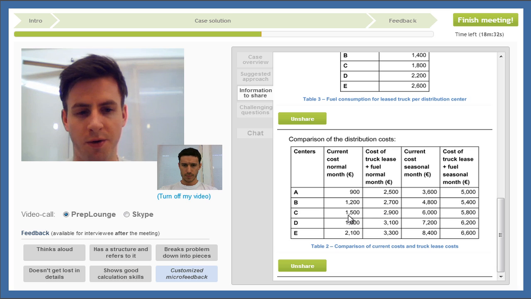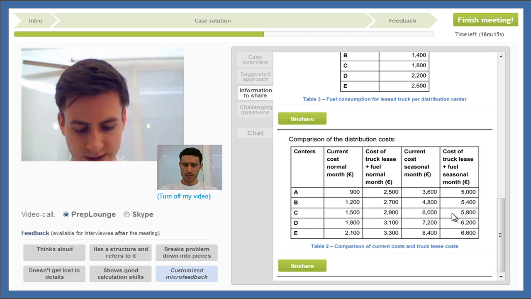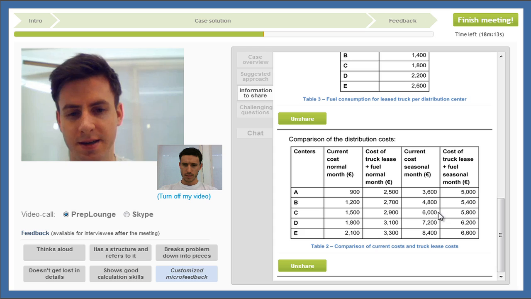So overall we save 3,000. And of course, again, this is 4 times a year, the 4 months where we provide the seasonal products, and 3,000 times 4 gives us $12,000 saving per year.